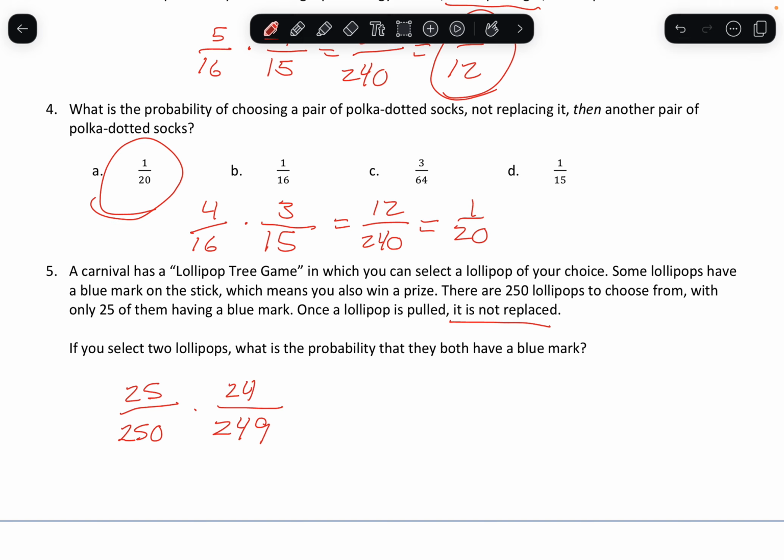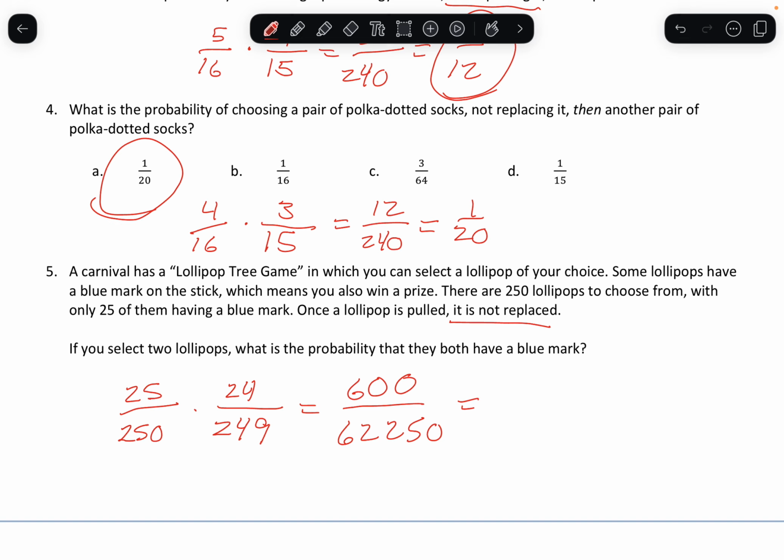So what we can do is multiply those two things together. You'll need a calculator to do that. On the top of my fraction, I get 25 times 24, which is 600. On the bottom, I get 250 times 249, and I get 62,250. And I reduce that.